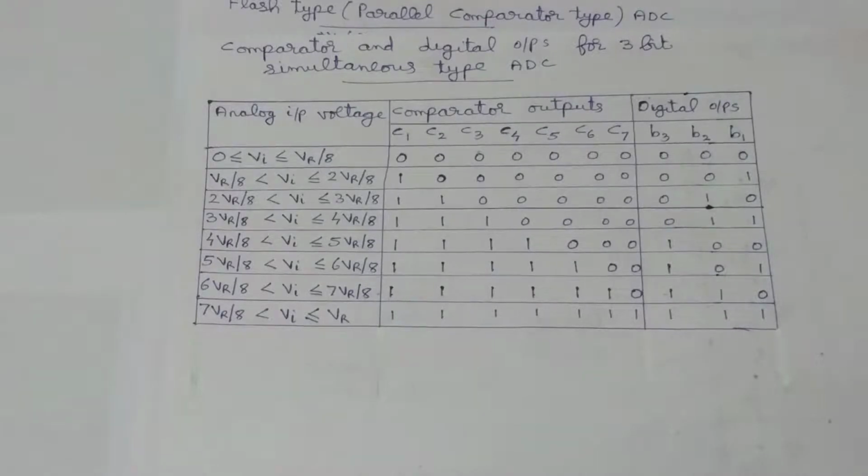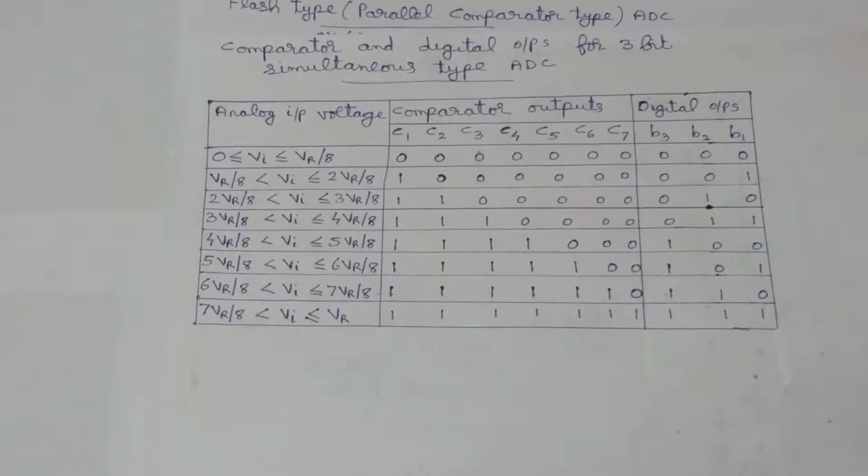Now, when we consider the disadvantages, the simultaneous type analog to digital converter is not suitable for analog to digital conversion with more than 3 or 4 digital output bits, because in that case we need 2 raised to n minus 1 number of comparators. That means for an n bit output we need 2 raised to n minus 1 comparators.